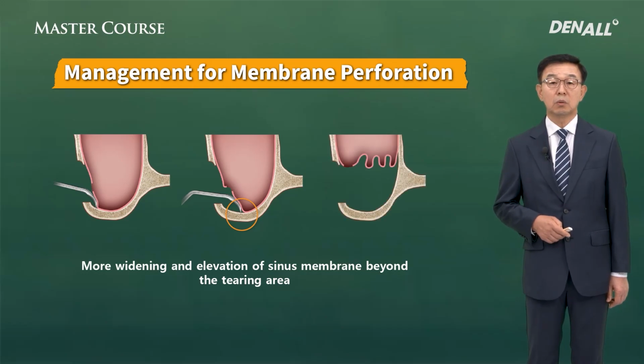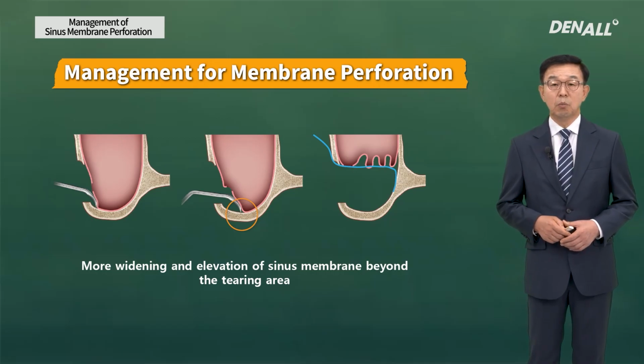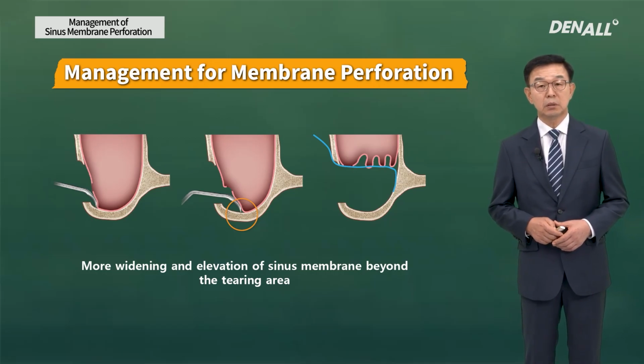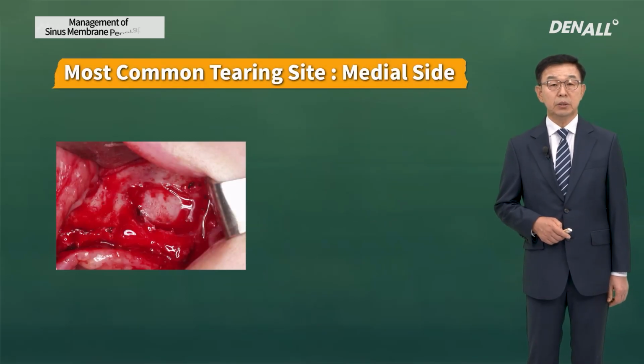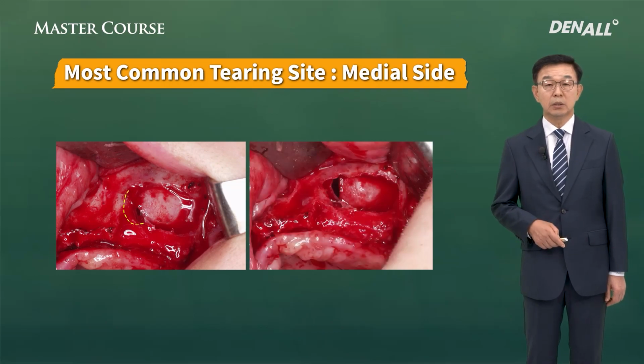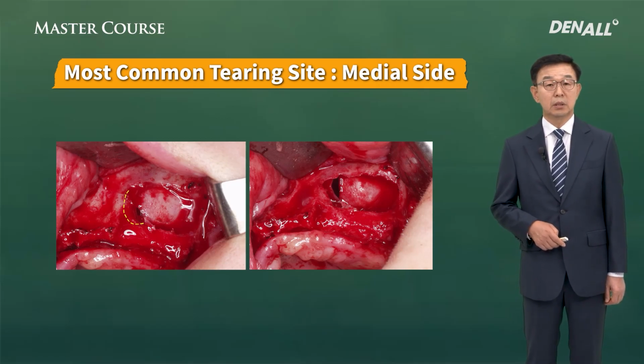Once it is sufficiently lifted and resorbable membrane is used, you can do bone graft and place the implant if possible. There was tearing on the medial side. Bone grinding was done, extending that area. Membrane was lifted and surgery was proceeded. Successful lateral window approach can be done in this way.